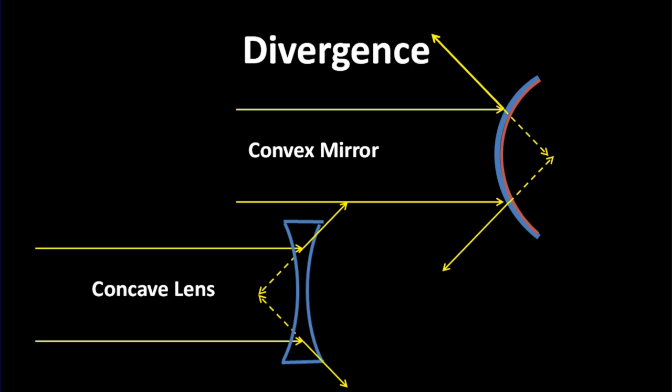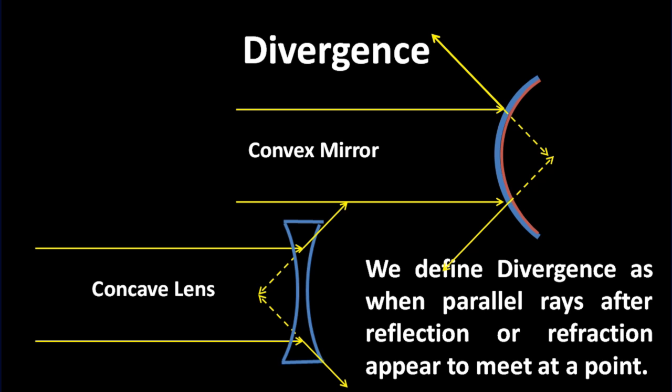You see, the light rays after getting refracted appear to come from a single point. So we define divergence as when parallel rays after reflection or refraction appear to come from a point.